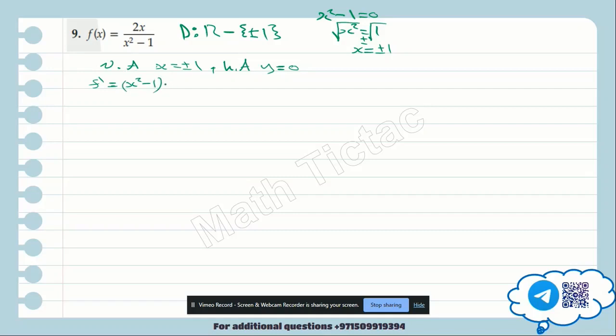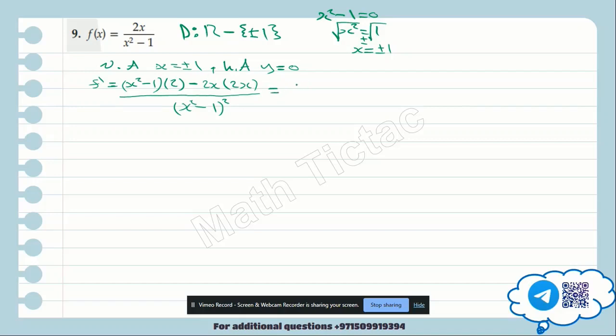Okay, so directly I'll start by finding f prime, which is the denominator multiplied by the derivative of the numerator, which is 2, minus the numerator multiplied by the derivative of the denominator, which is 2x, over the denominator squared. So it will be x squared minus 1, all squared. So now equal to, let's simplify it a little bit.